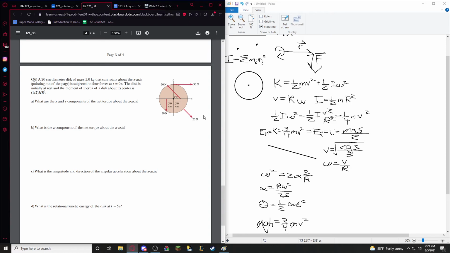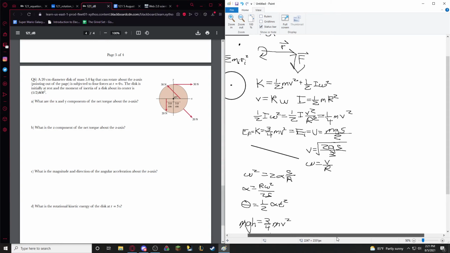Well, it's still going to rotate the disc. Let's break this force into an x and y component. What direction is the torque going to be from the x component of the force? Clockwise. Is it clockwise?